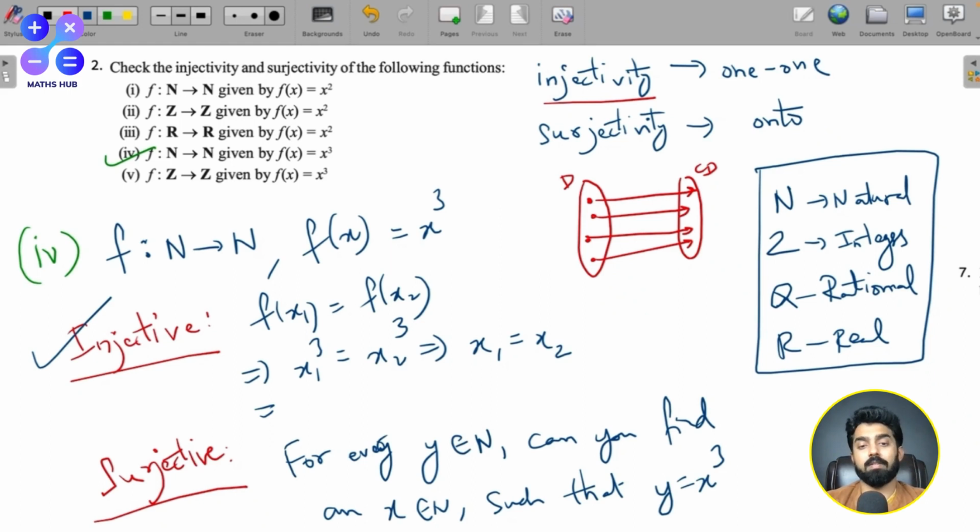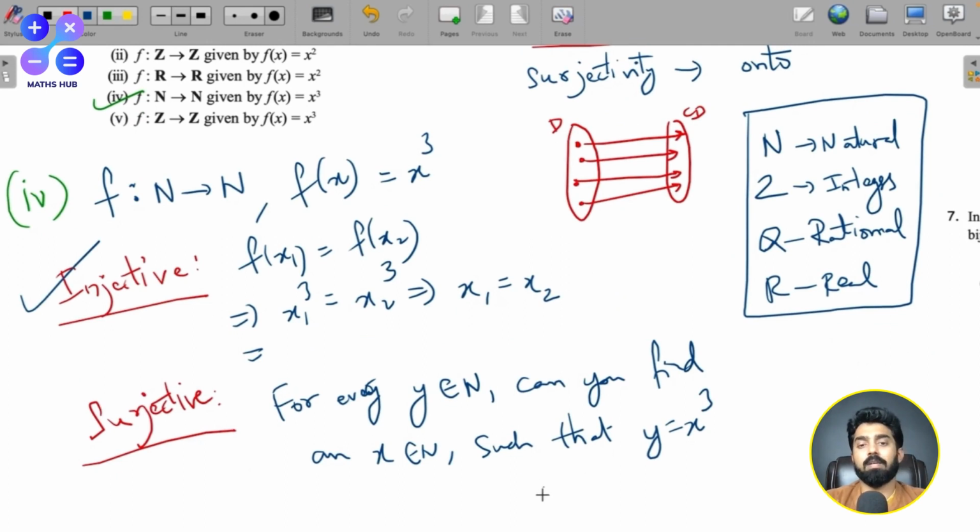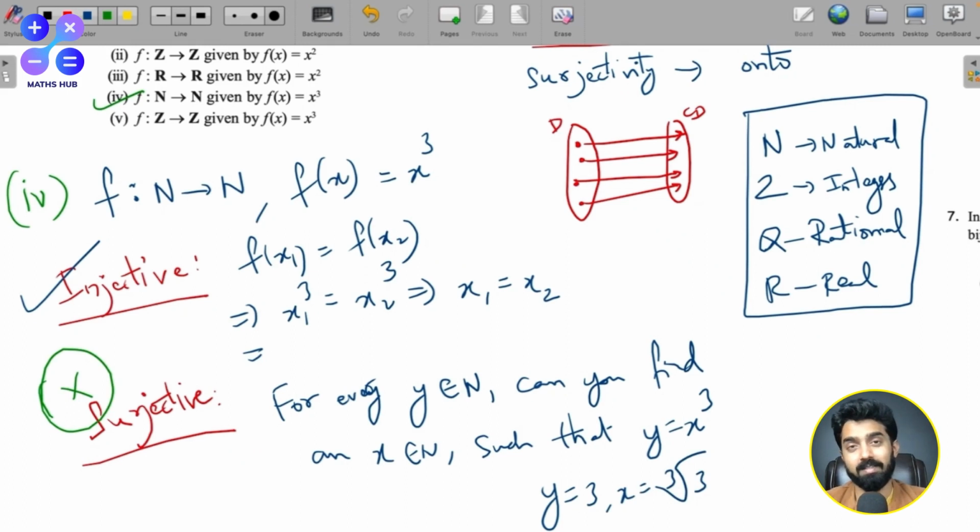No, you can't, obviously. Not every natural number is a cube, right? So you can take the same example 3. If y equals 3, then x equals cube root of 3, because 3 is not a perfect cube, so it is not surjective. Unfortunately, not surjective. So finding surjective functions is much more rare than finding injective functions.